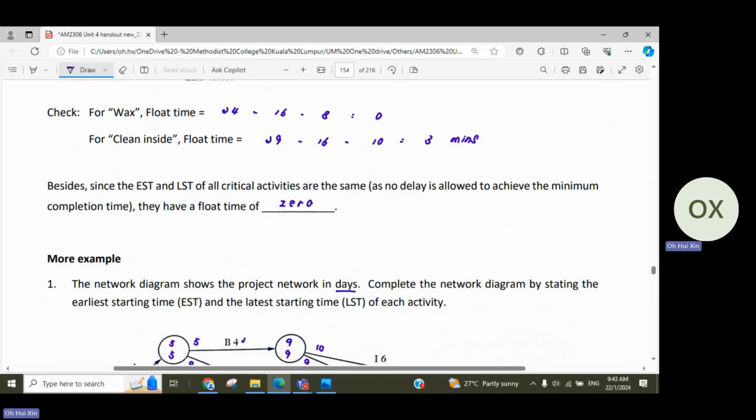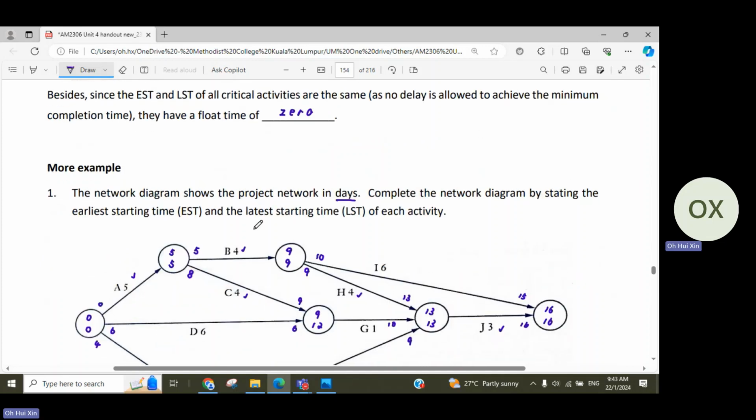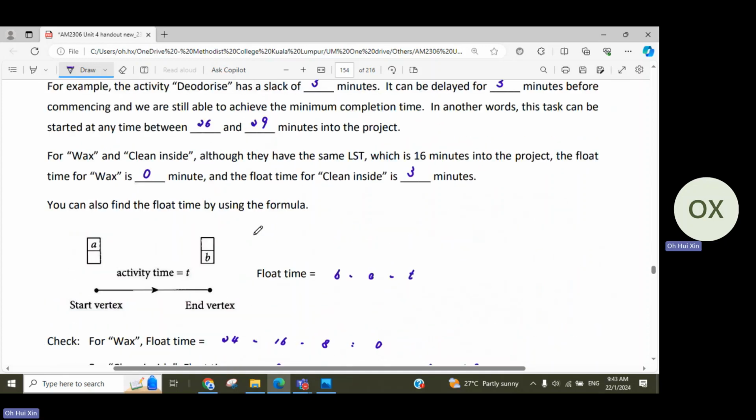If you can't afford any delay, then the float time will be 0. So remember, if it's a critical activity, the float time is 0, but having float time 0 doesn't mean that they are on the critical path. So you need to remember that idea. That is the part for the float time.